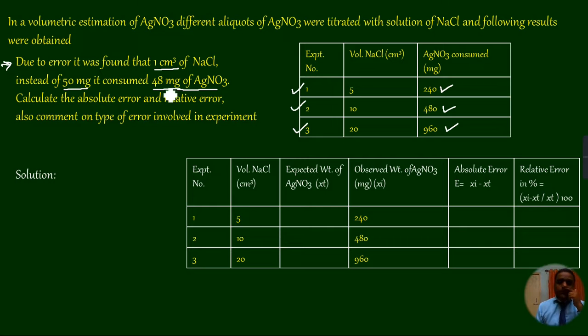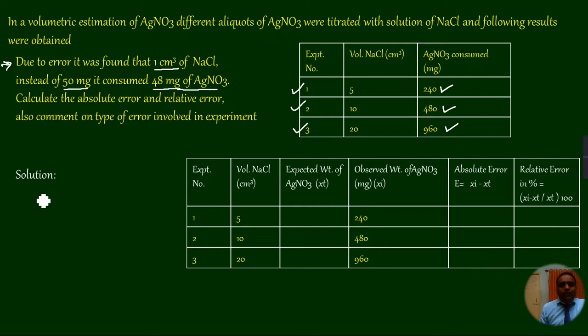That means for 1 cm cube it must have 50 milligrams. So this 50 milligram is the accepted value. Calculate the absolute error and relative error. Also comment on the type of error involved in the experiment. So this is the question asked.